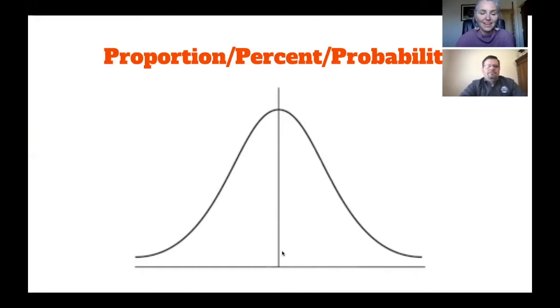Sorry. Oh, okay. So when we're looking at the normal curve here, remember directly in the middle is your mean. And to the right of the mean is 50% of the data, or 0.5 in the probability, or 0.5 in the proportion. And to the left is 0.5, 50%, however you want to think about it.